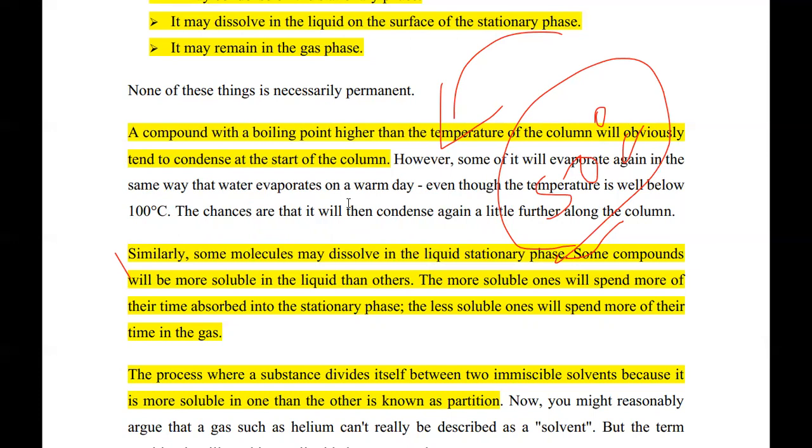That's what this point is trying to say. So some are more soluble than others, and they tend to spend more time in the stationary phase, being absorbed, delayed, greeting one another, explaining how the elections were and all that. Well, the other one just goes direct to the detector, and then you get the results.